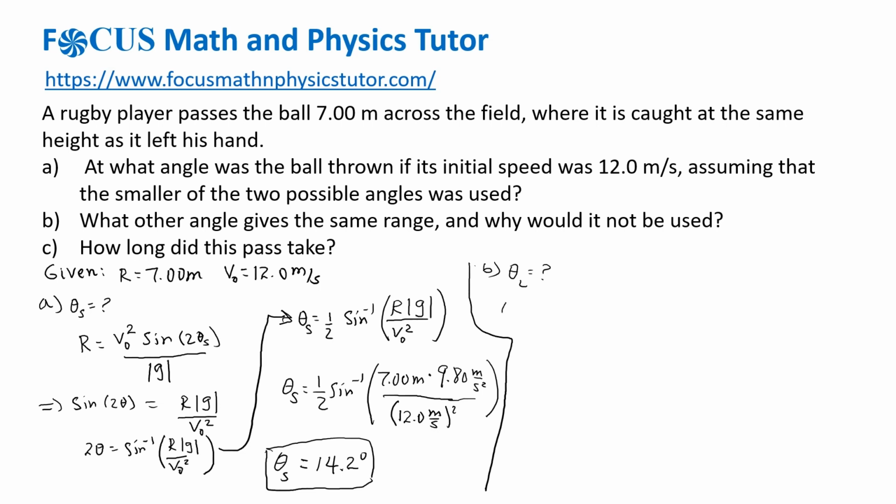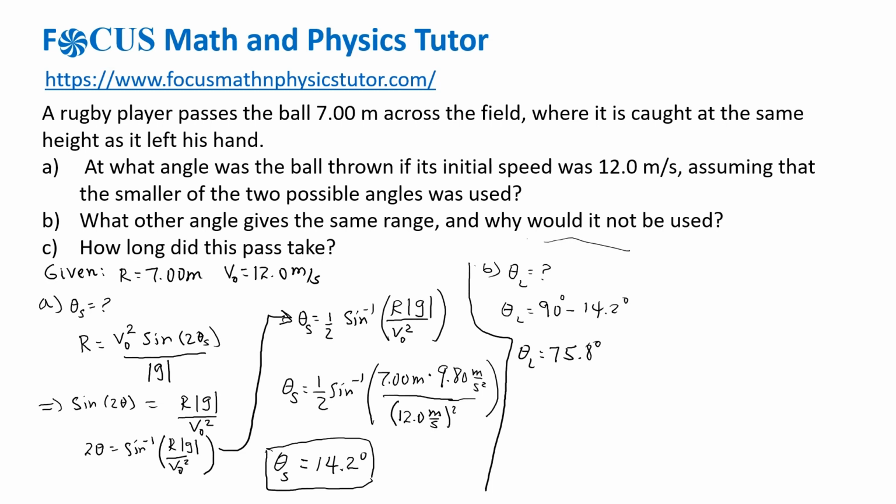Therefore, theta L, the larger angle, will be 90 degrees minus 14.2 degrees. That's equal to 75.8 degrees. And why would it not be used? Because it takes longer time and also requires more energy.